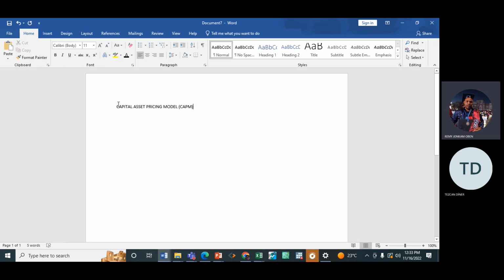Okay, guys. Capital Asset Pricing Model, CAPM. What is CAPM? Any ideas? Yes, the model is return from the assets, from the investment. Yes, you're correct. Actually, the name is self-explanatory.